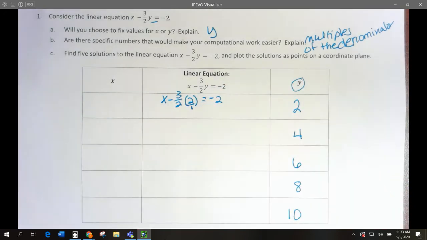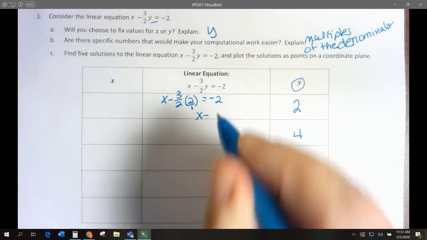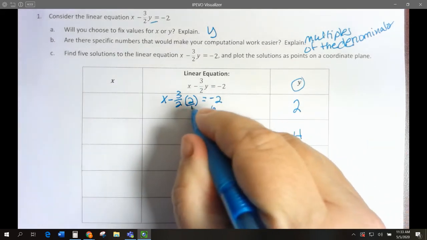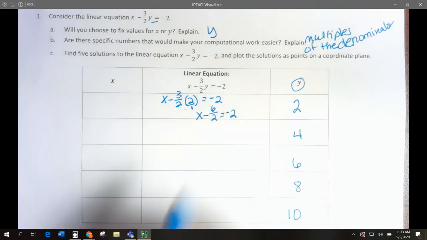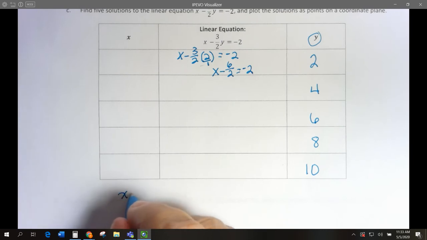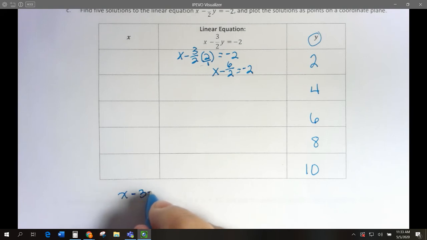So I put that 2 over 1, and we get x minus 3 times 2 is 6, and 2 times 1 is 2, equals negative 2. So we have x minus 6 over 2, which is 3, equals negative 2.